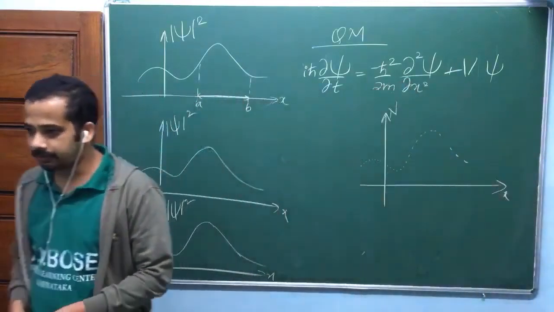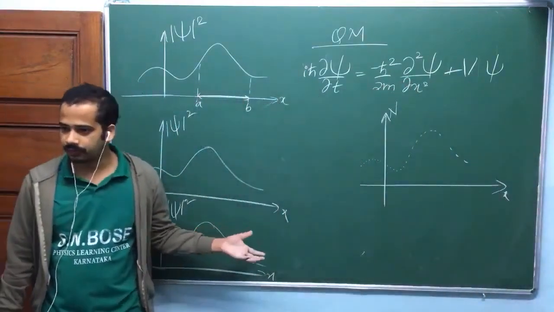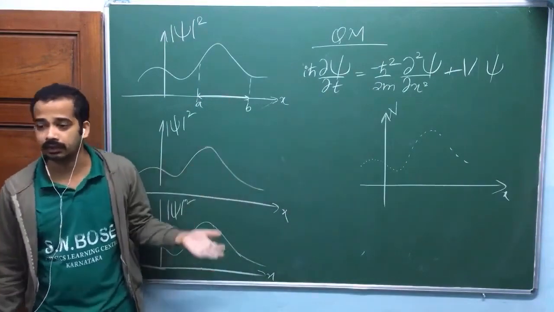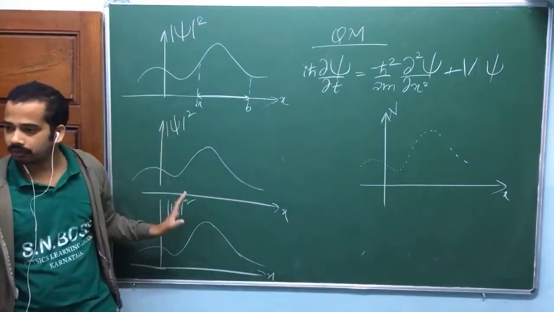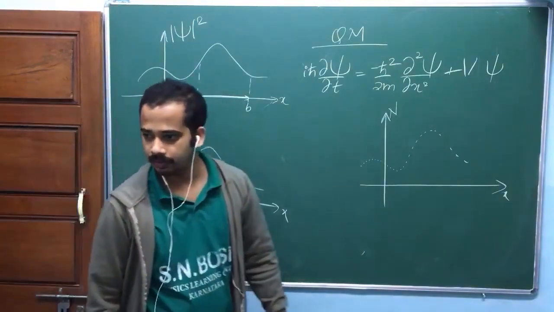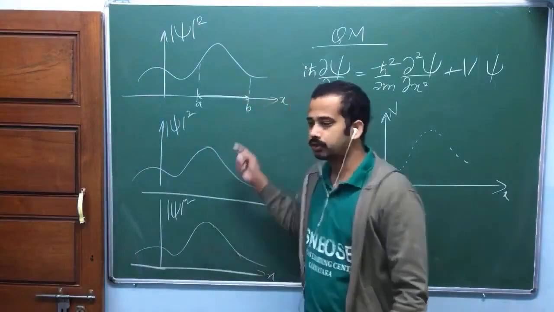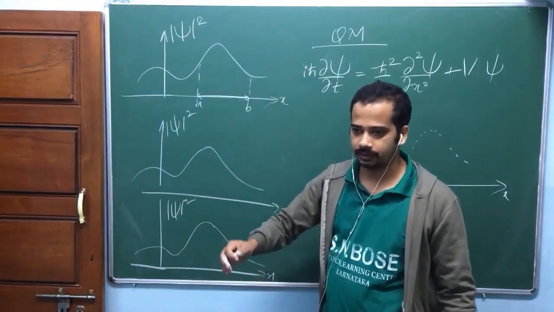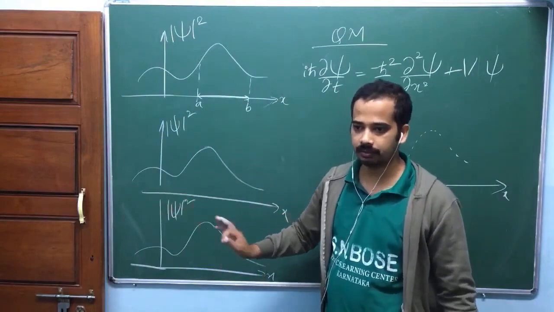Whatever quantum mechanical probability distribution the wave function gives, how do you verify it? You should take identically prepared systems, not only 3. I have drawn 3 graphs, but you should take millions and do the measurement on each, because once one measurement is done, the state is collapsed, it is disturbed. You can't do another measurement on that one.